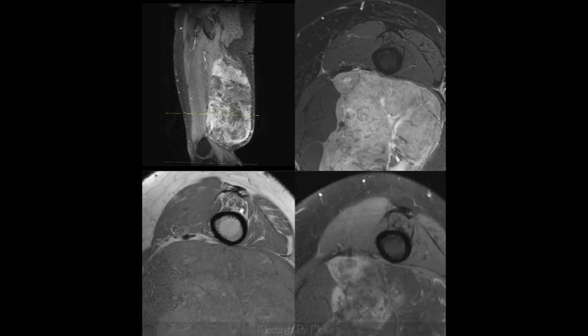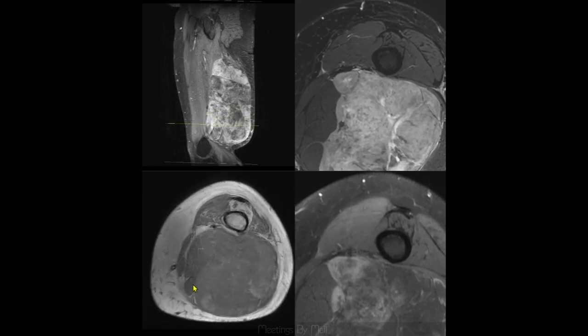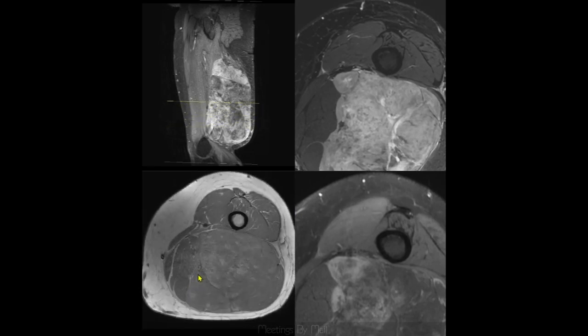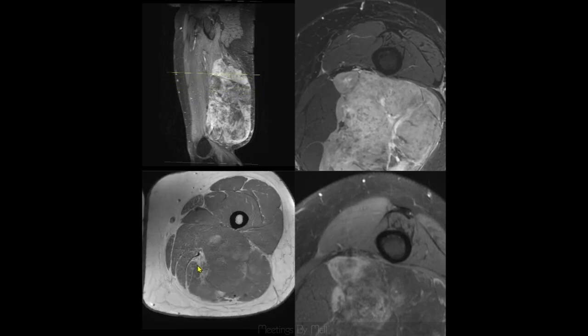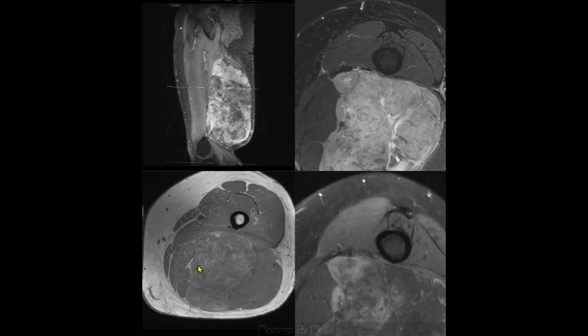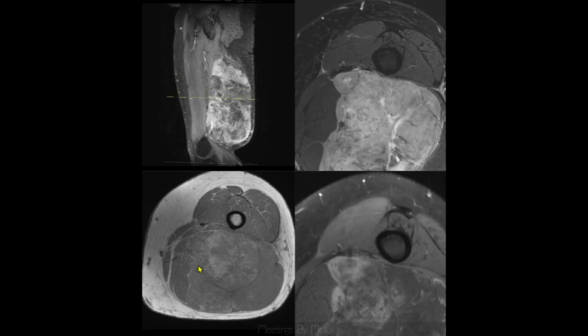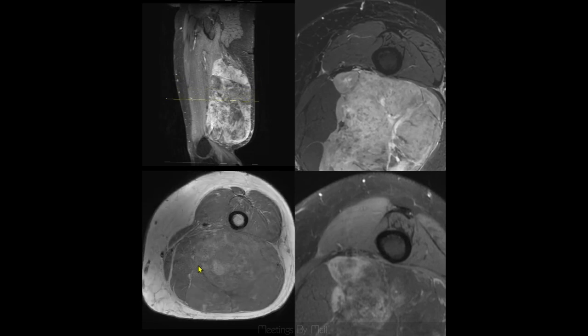You also want to mention nerves, because nerves are often surrounded, not invaded as much as surrounded. So I use the term encasement or surrounding or abutting rather than invading.